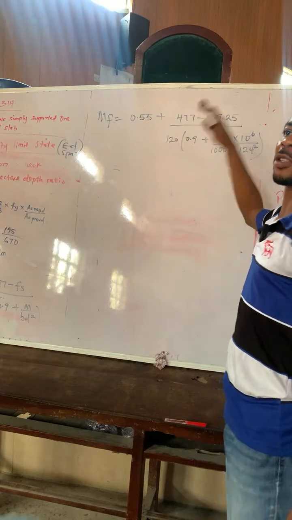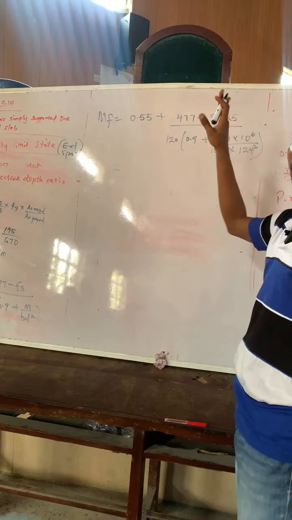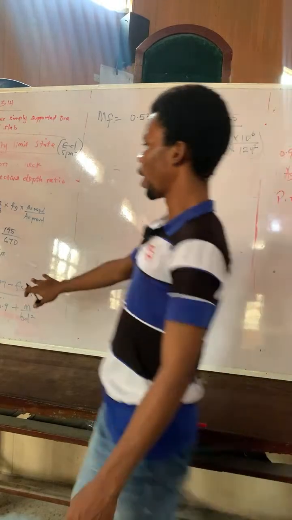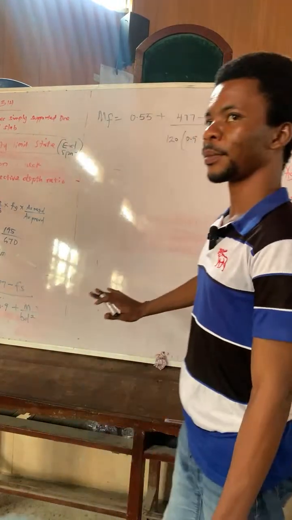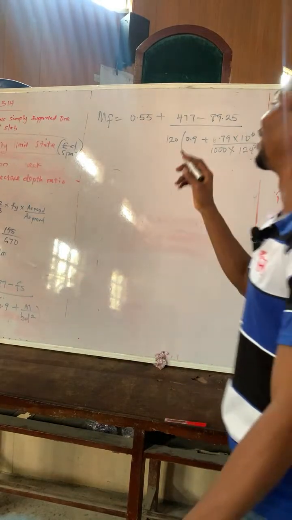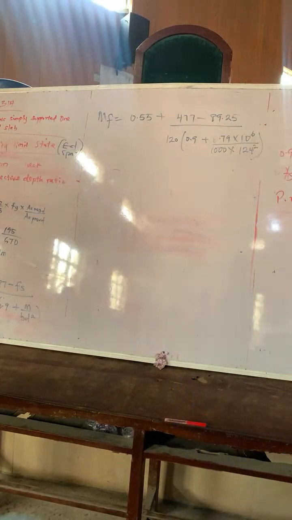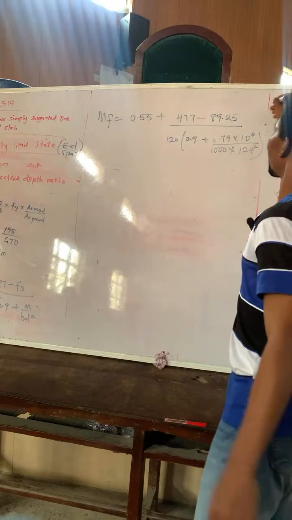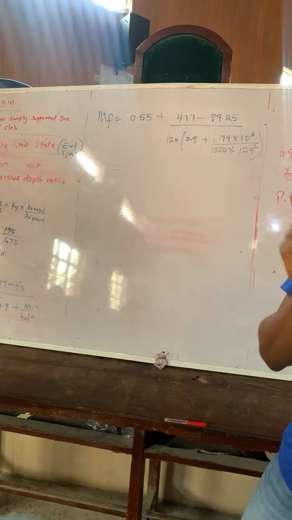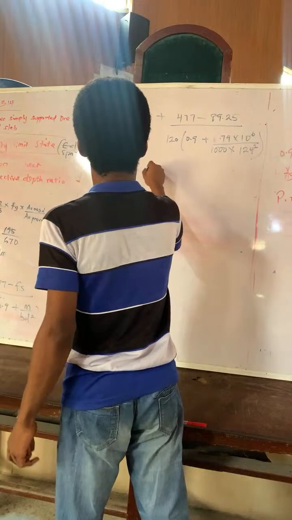Punch your calculator. You should be able to punch your calculator directly with this, so it will be faster. This is the formula for the multiplication factor. So what's the answer? Please punch your calculator. 2.528.